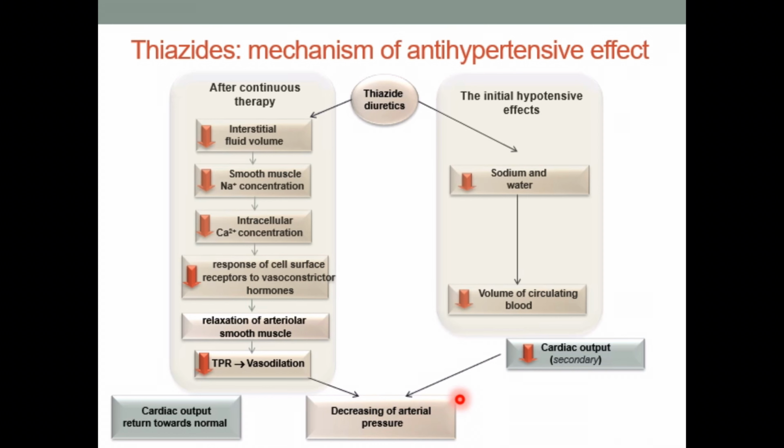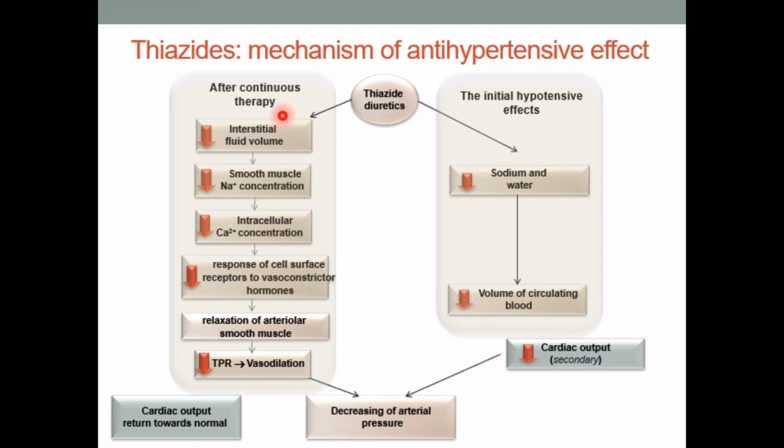The secondary cause of that is the reduction in the cardiac output, right? And that also leads to reduction in blood pressure. That is the initial action of thiazide diuretics. After continuous therapy, another mechanism sets in.